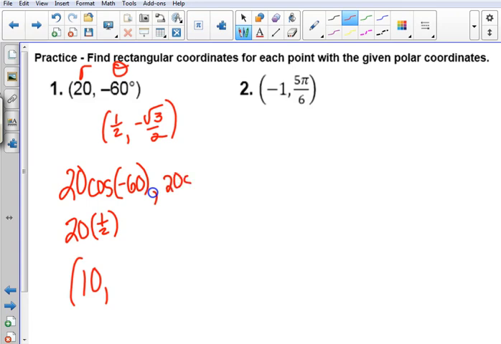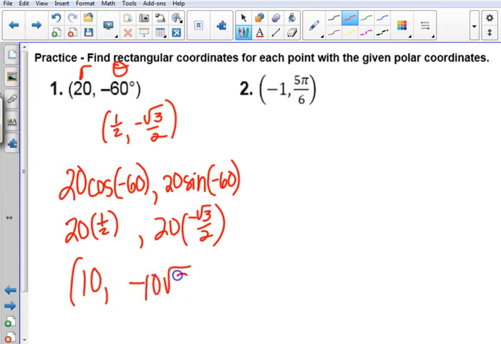And if I did 20 sine of negative 60, it's actually 20 times negative square root of 3 over 2, which is negative 10 square roots of 3. The 20 and the 2 reduced. Are we good? I think this is on your sheet, yes? Some of you are. All right.